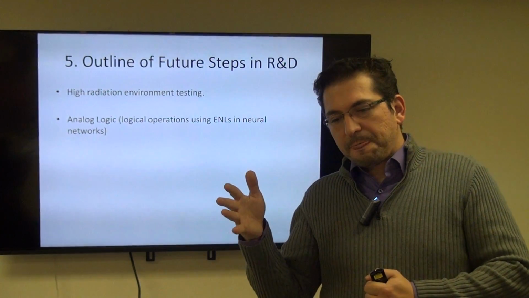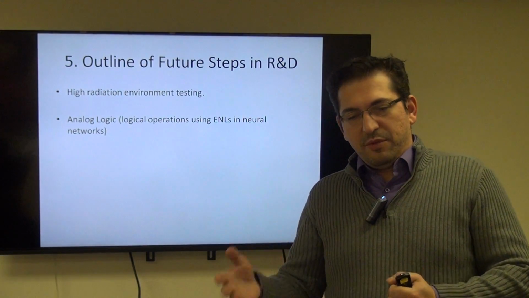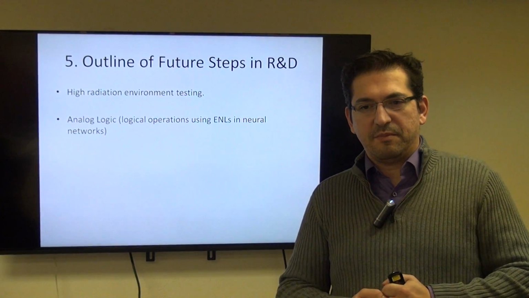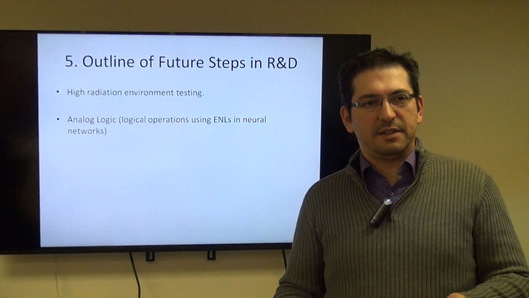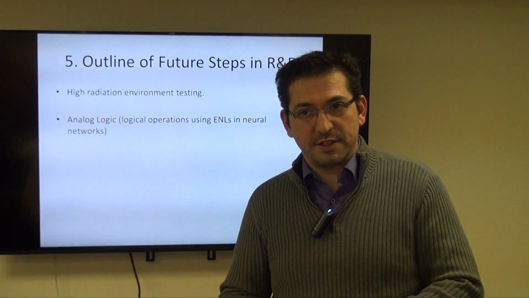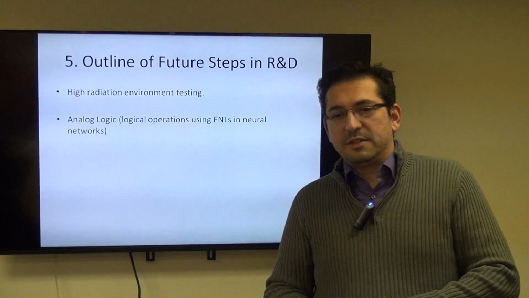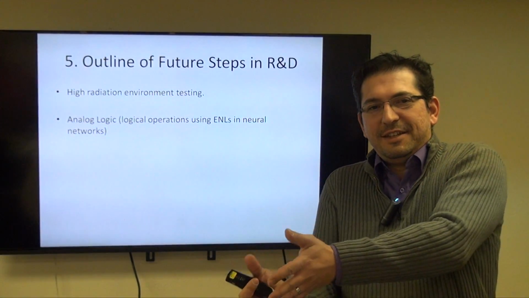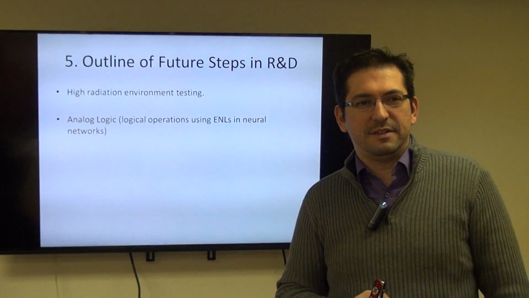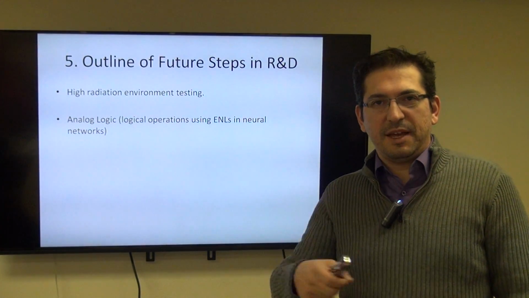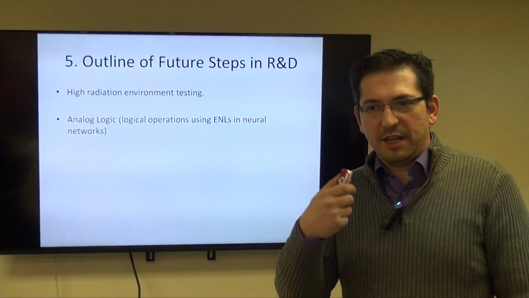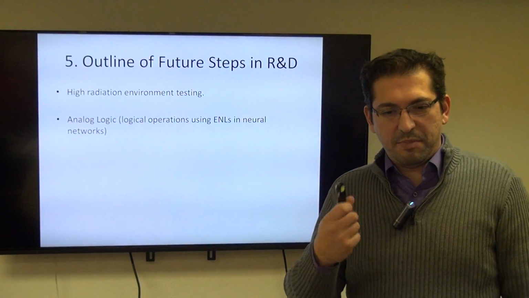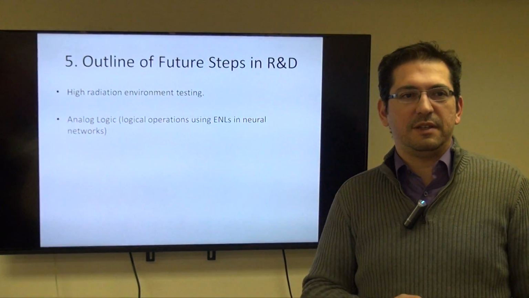You have a Boolean: this operation is complete versus not complete, by the effect of the ENL itself. The ENL triggered, which means the frequency is present. And once the frequency is present, the information carried is the inherent signal within the ENL. So I can imagine really complicated mathematical computations being performed by networks of ENLs in this way.